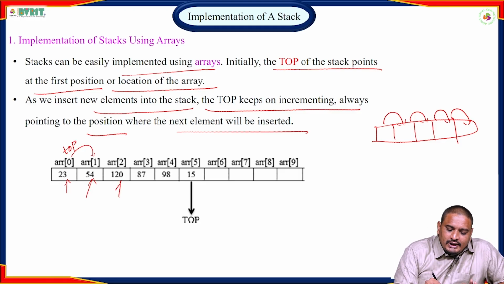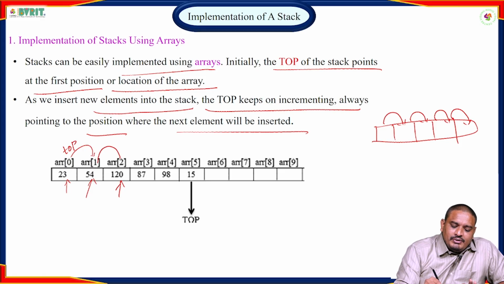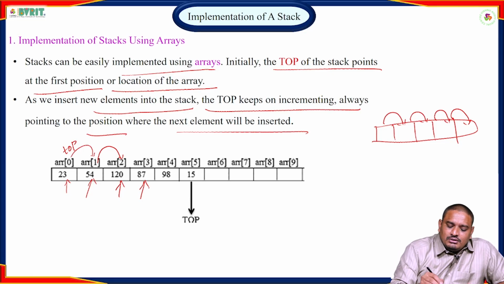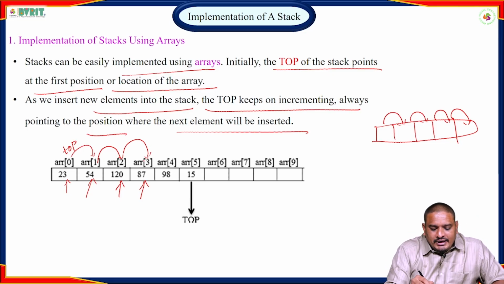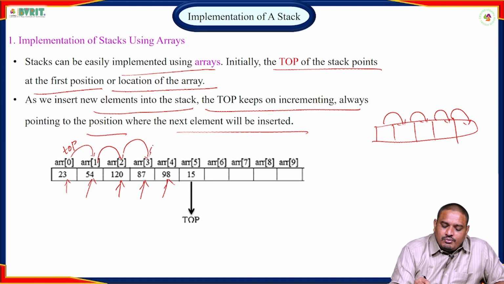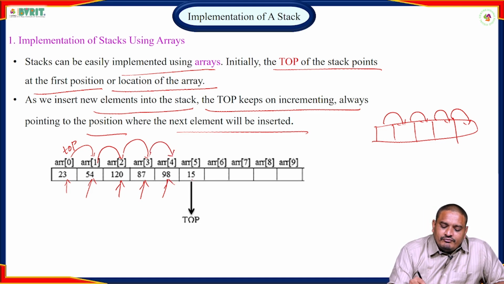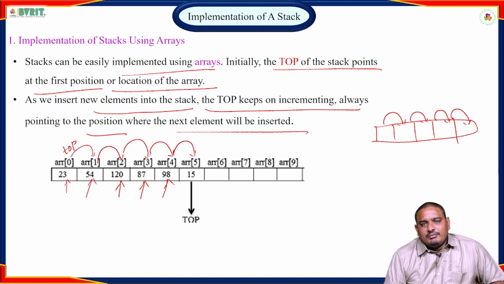Next, 120 is inserted into the stack, and the top position is incremented by 1. Next, the element 87 is inserted, and the top is incremented by 1. Next, 98, the top is incremented by 1. Next, 15 is inserted into the stack, and the top position is incremented by 1.